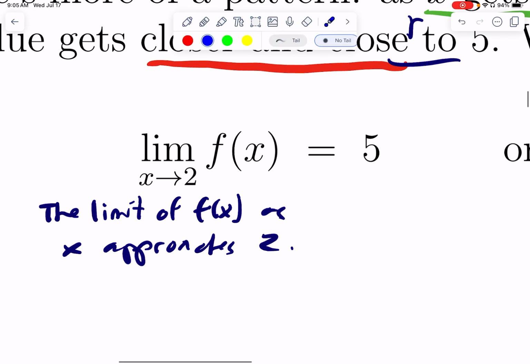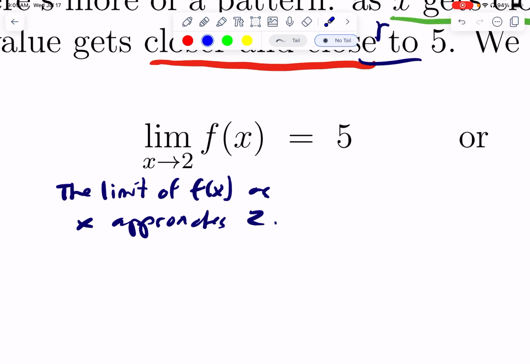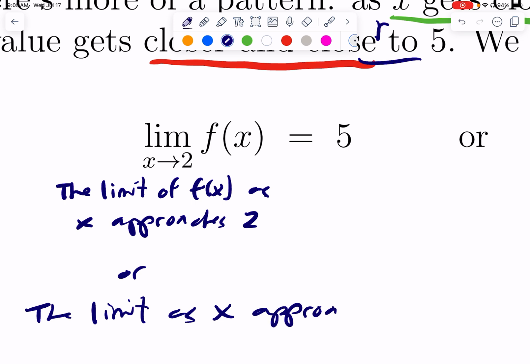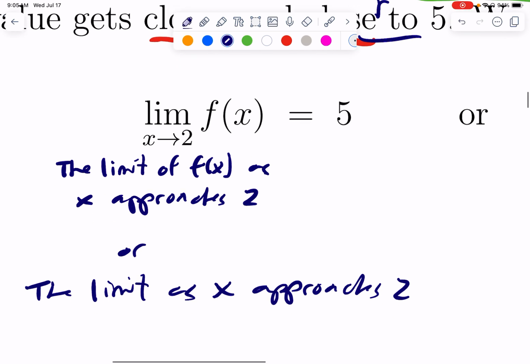This arrow, x arrow 2, is communicating x is getting close to 2. X is moving towards 2. The verb we use is approach. Or sometimes people switch the word order here and they say the limit as x approaches 2 of f of x.